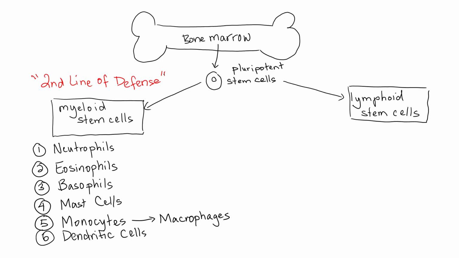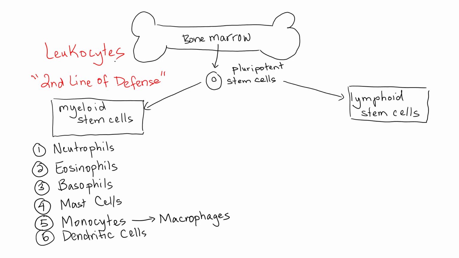And then we have second line of defense coordinated by leukocytes. So these would all be described as leukocytes, or white blood cells, players in the second line of defense.